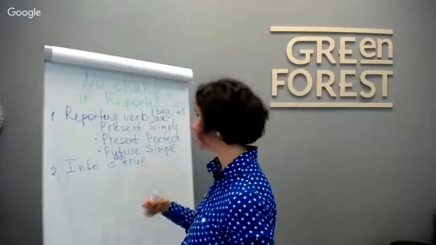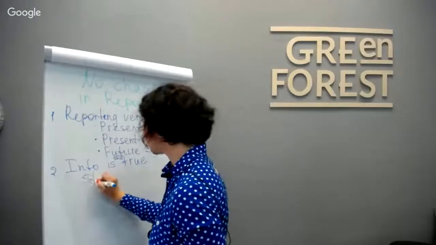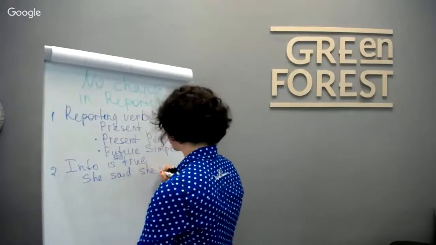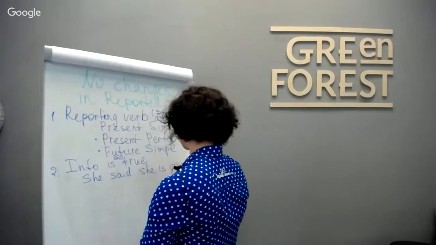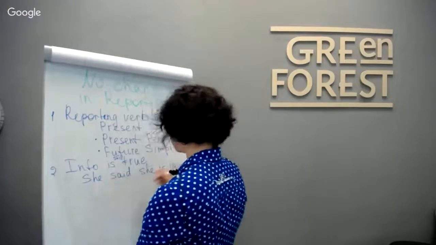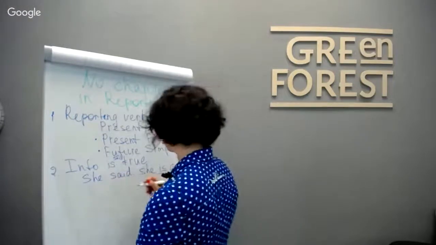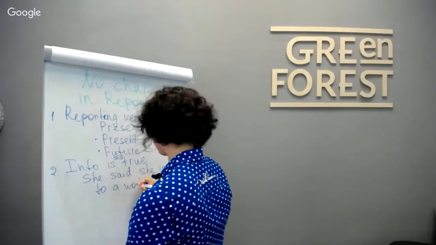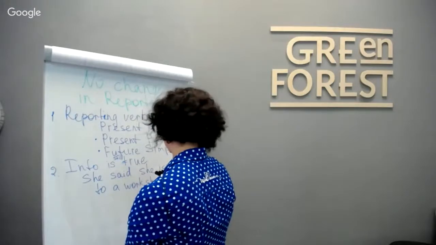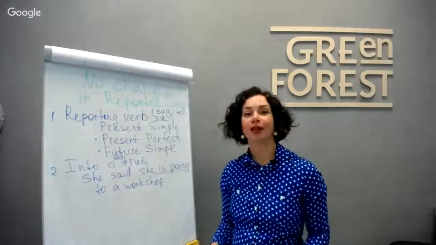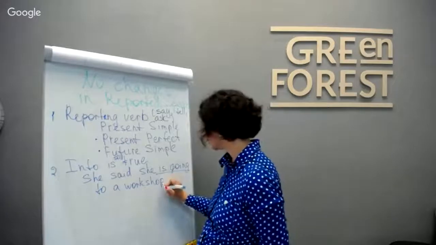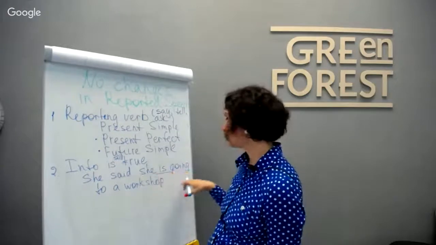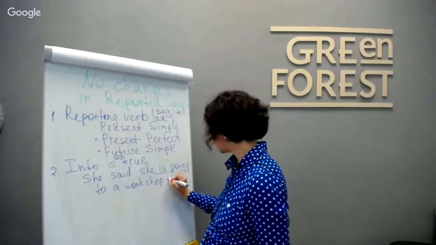Even if we say she said, we have to say she is going, present continuous, or the construction to be going to. She's going to a workshop about anything, parenting, about, I don't know, keeping your temper, let's say. So she said she's going to a workshop tonight. I will write you also tonight.